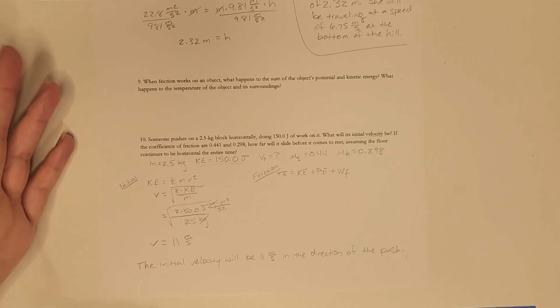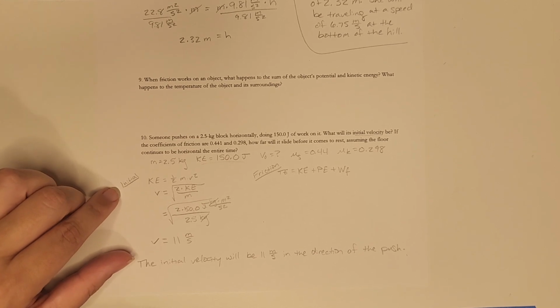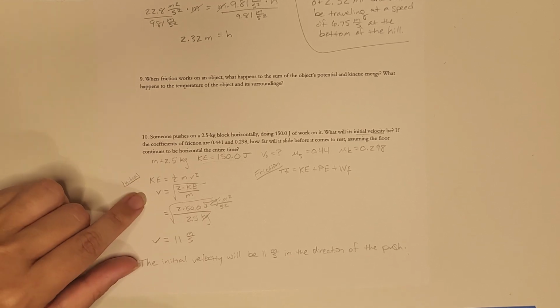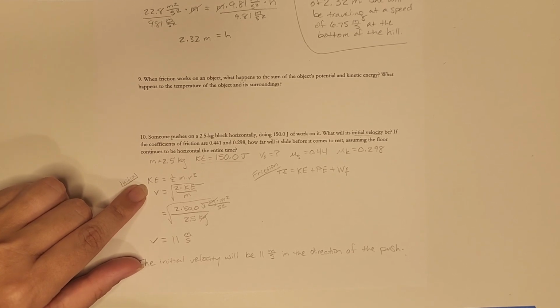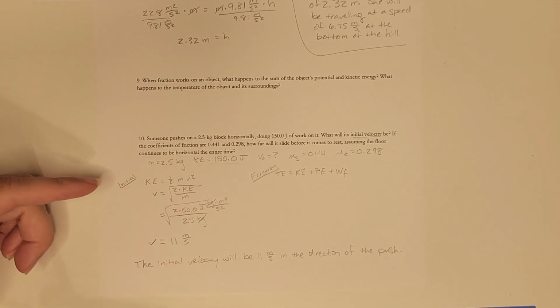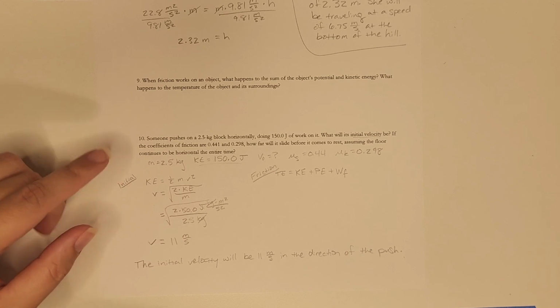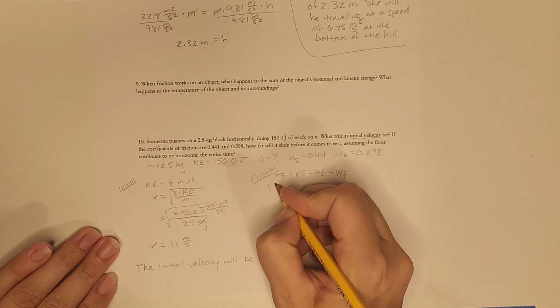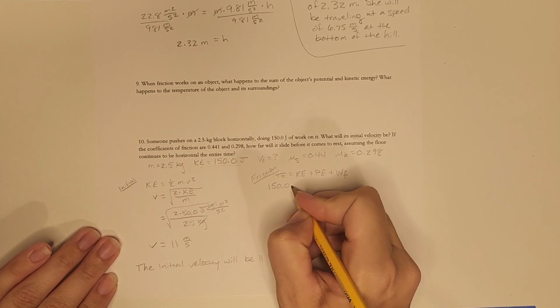And so the work from friction would be 0 in this initial also. So I just kind of shortened it and said the only part that's going into this initial energy is the kinetic energy. And that total energy is 150 joules. So our total energy is 150.0 joules.